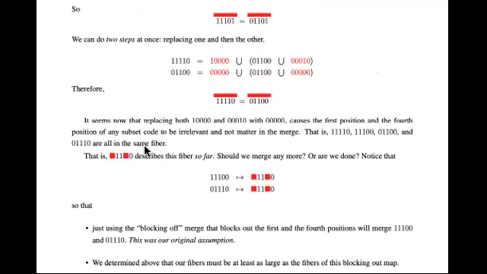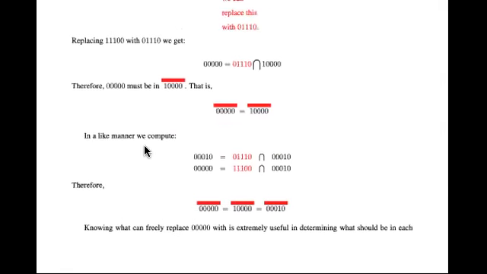Why? Because we know a blockout merge preserves union and intersection. We also know this particular blockout merge merges those two guys together that we wanted at the beginning.